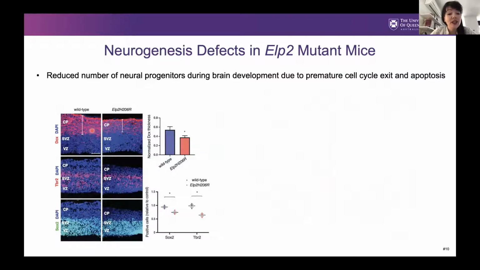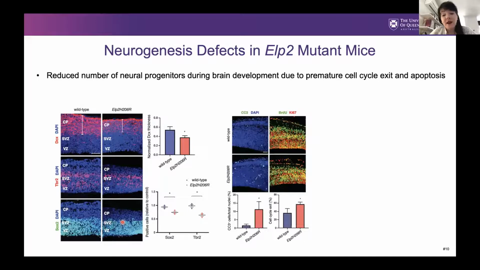Not only are the post-mitotic cells, which are DCX cells here, reduced in number, along with some intermediate progenitors, but even the apical progenitors in the developing cortex that give rise to all these post-mitotic neurons are reduced in number.